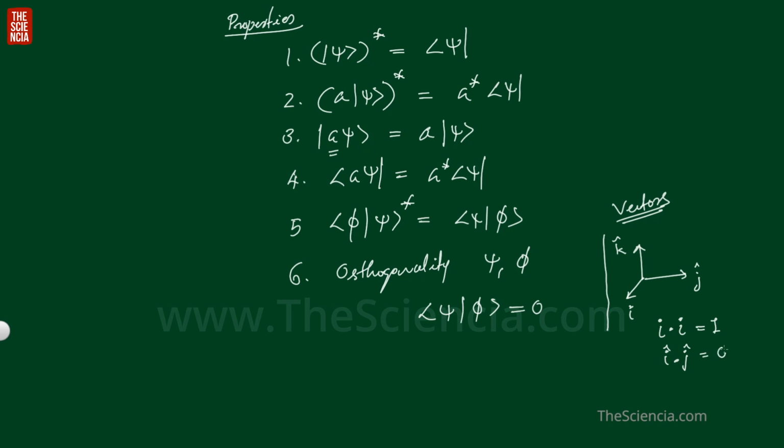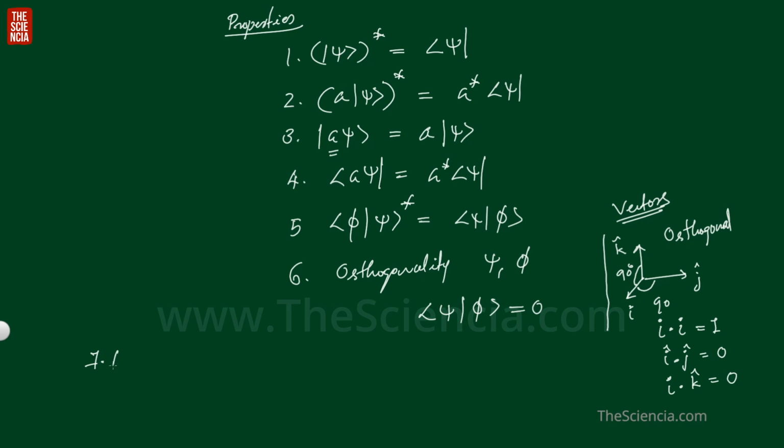We get 0. And if we take i cap dot k cap, what do we get? We get 0. Why? Because i and j are at 90 degrees and i and k are also at 90 degrees. That is, these unit vectors are orthogonal to each other. There is an angle between them and that is equal to 90 degrees.